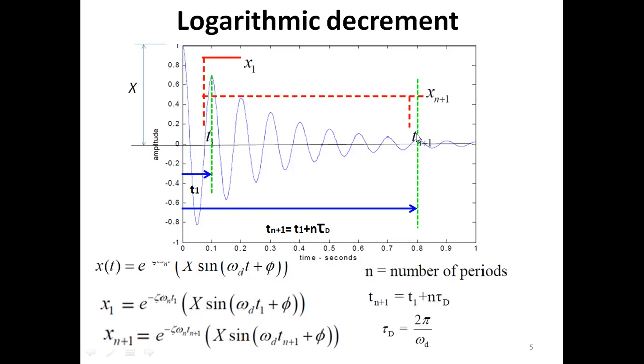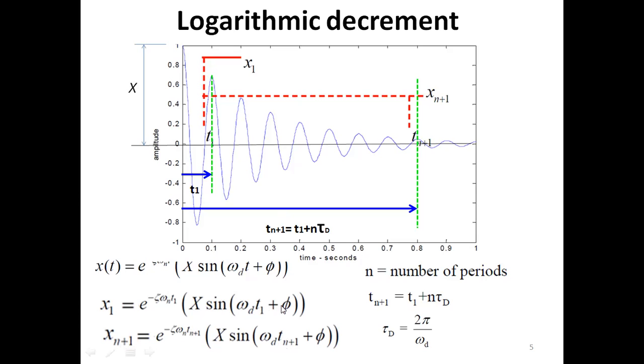Similarly, we could also write the equation for the displacement x n plus 1. Here you just have to plug in time t n plus 1. So x n plus 1 is equal to exponential minus zeta omega n t n plus 1 times X sine of omega d times t n plus 1 plus phi.